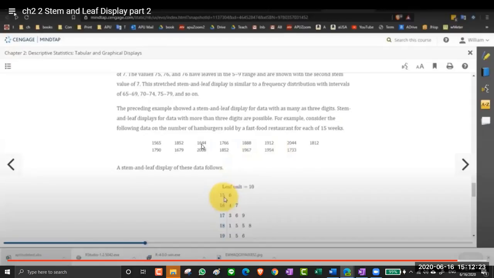This is a 1640. We ignore the last digit there. And there should be one more. Oh, sorry, there should also be a 1670, so that's here. Okay, does everyone get this? So you can do more digits this way.